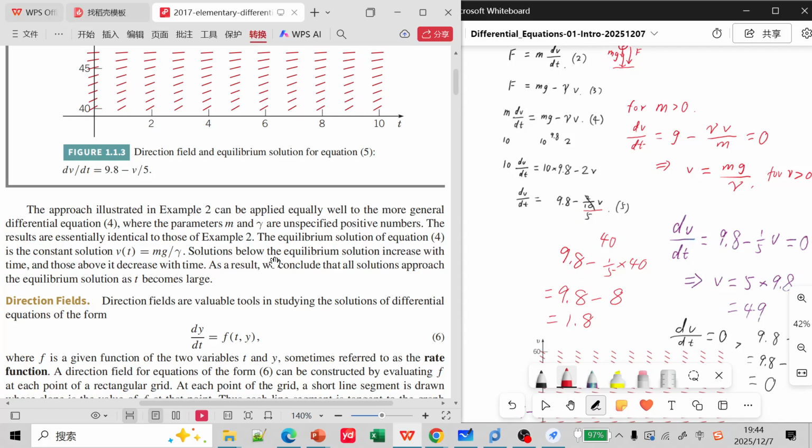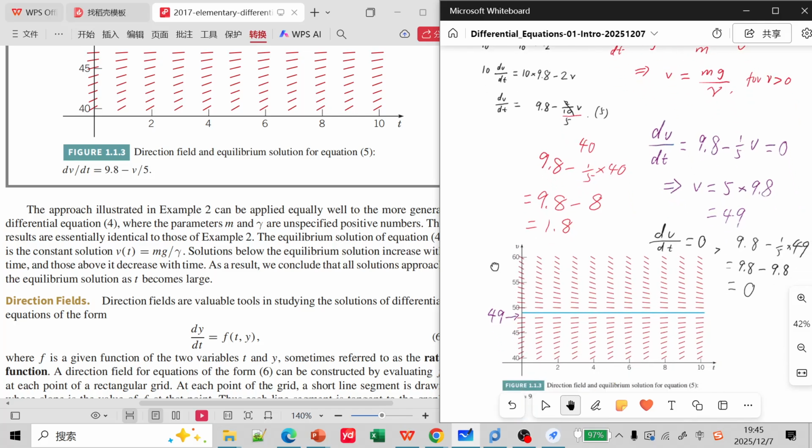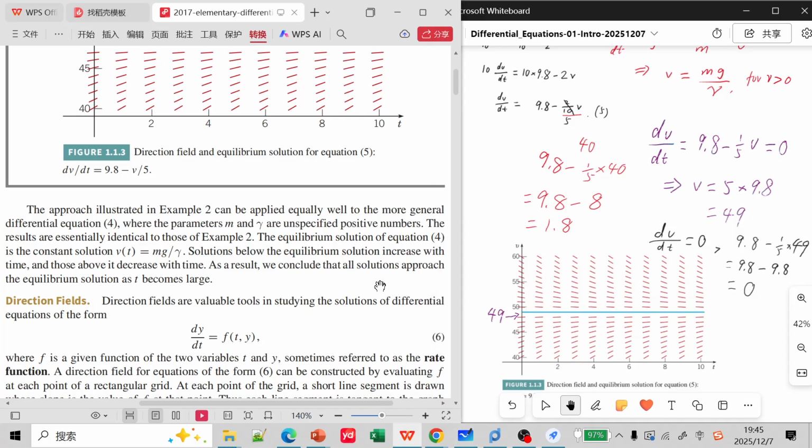Solutions below the equilibrium solution increase with time, and those above it decrease with time. This sentence means that if we look at the segments below this equilibrium solution, the slope is positive.